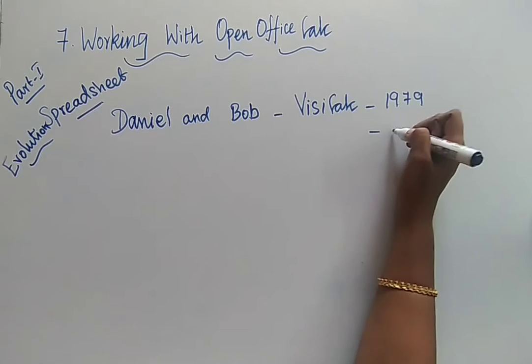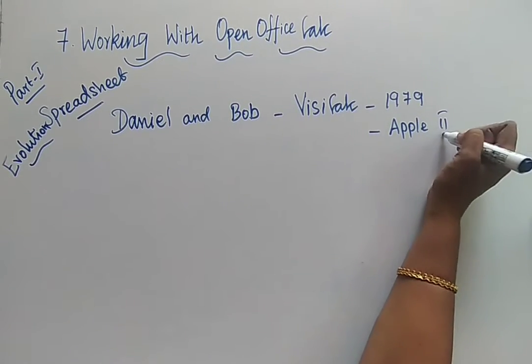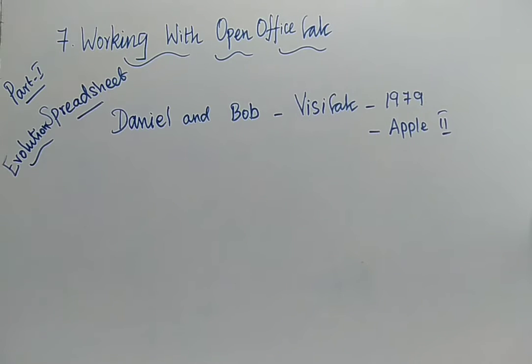For which organization did they introduce it? For Apple II. Daniel Bricklin and Bob Frankston developed the first spreadsheet, called VisiCalc, in the year 1979, and it was for Apple II.